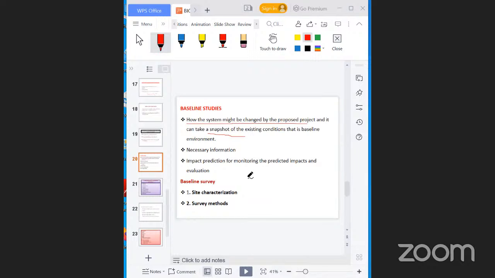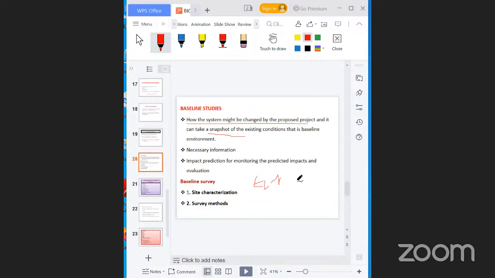The baseline survey provides the necessary information on the site-specific environmental setting of the project area, and that should include information about the components of the biodiversity, for example, the ecosystem and the species that may be affected, right?